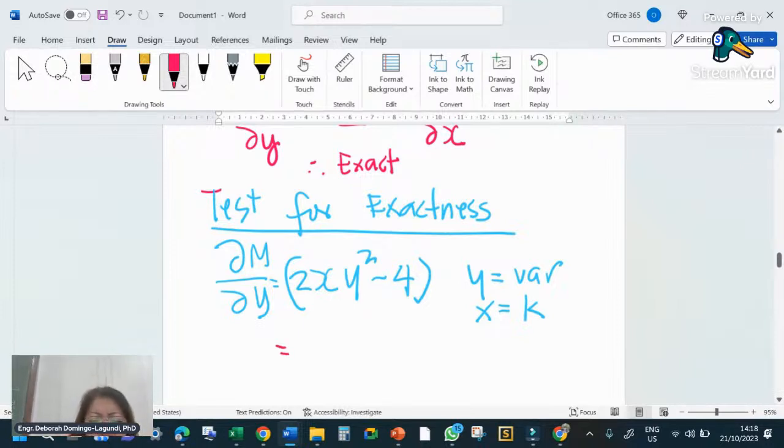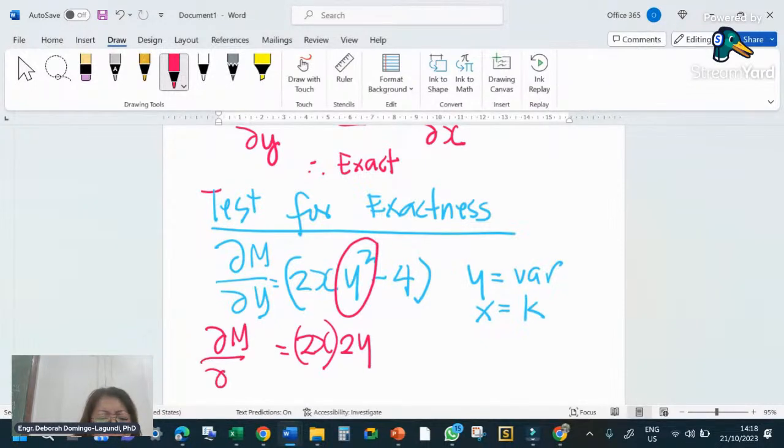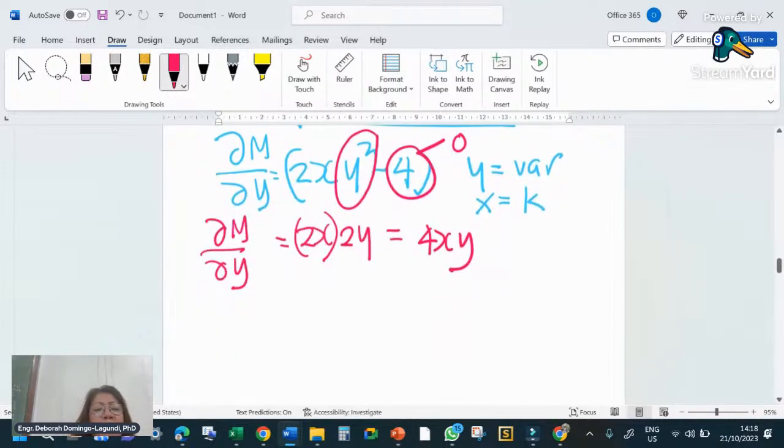So this will be y as a variable. You have 2y, and the rest will be constant. 2x will still be 2x. So partial derivative of m with respect to y will be equal to 4xy. The 4 here will be 0, so we don't write it anymore in your equation.